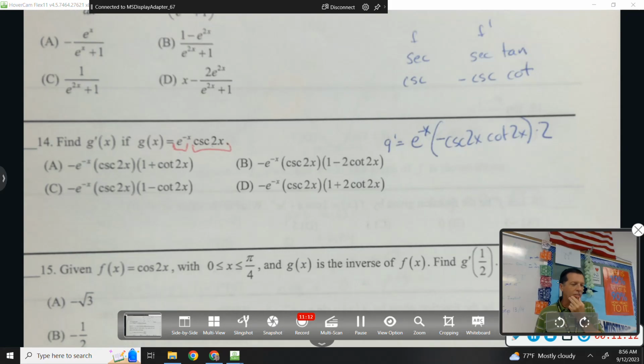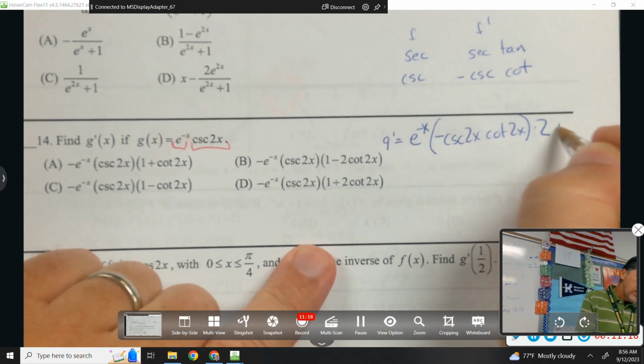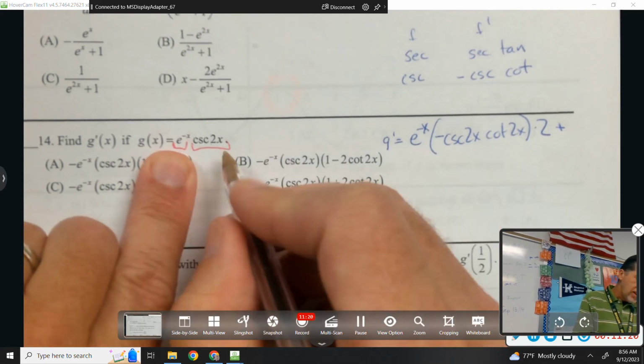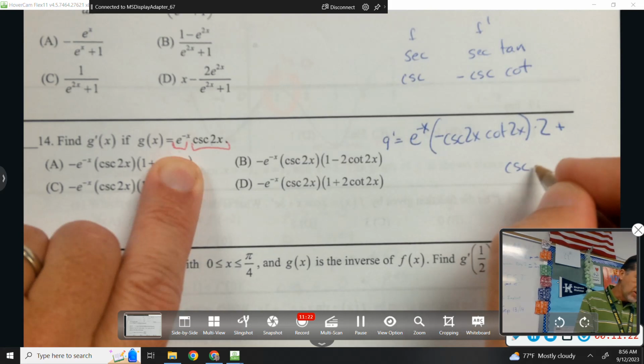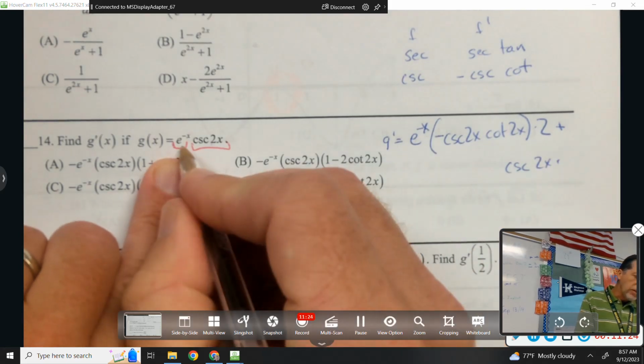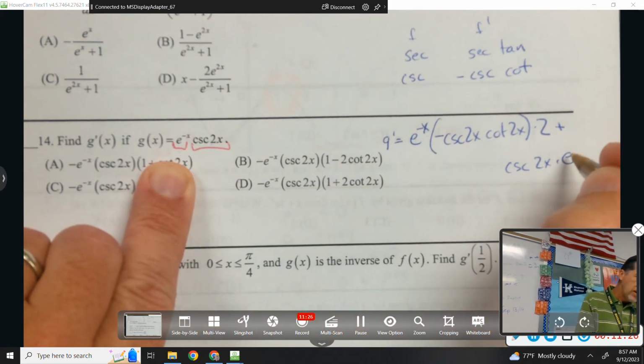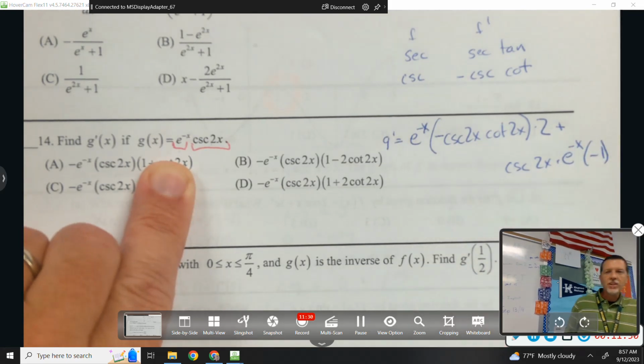I'm looking at my answer choices. I can't. There's too many 2's and cosecants. I can't narrow it down yet. Plus the second one, cosecant of 2x, times the derivative of the first one, e to the negative x, times negative 1. Don't forget the chain rule off of that one.